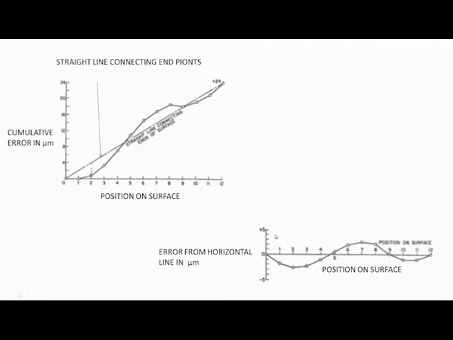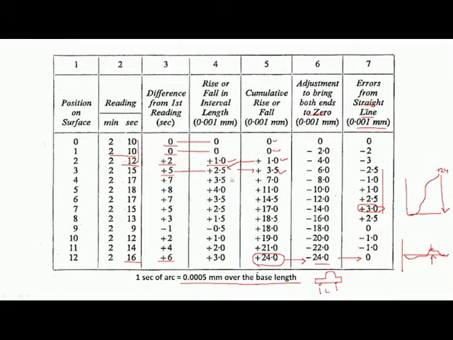Now, we can draw the graphs using those tabulated values. On the x axis we have the position on the surface, with 12 positions, and the cumulative error in microns; column number 5 gives us the cumulative rise or fall.